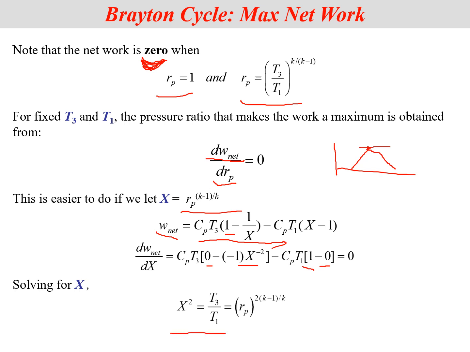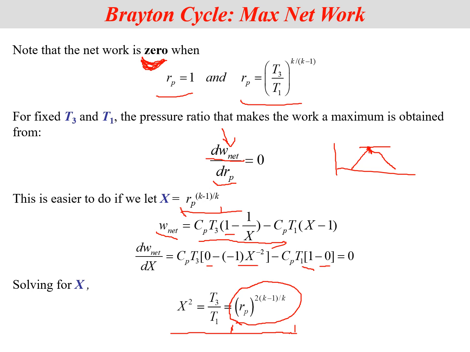And you get the final ratio to be equal to this. So at this pressure ratio, you get 0 as the derivative of W net. That means that you get the maximum net work.